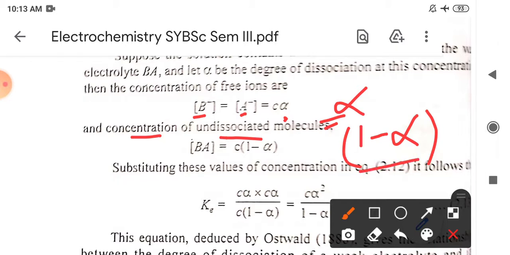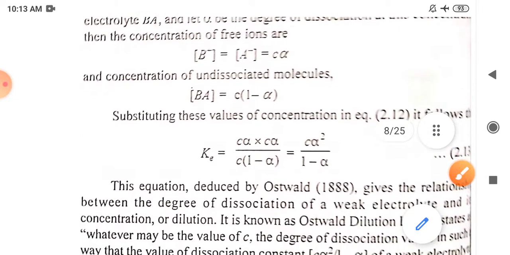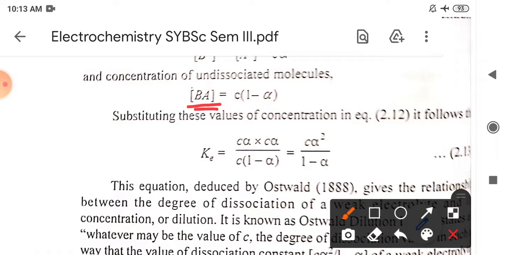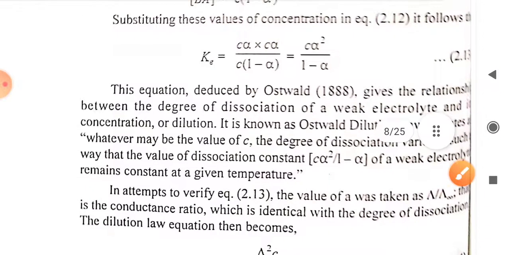Multiplying by the concentration of electrolyte gives the concentration of undissociated molecules. Now simply substituting these values in the equilibrium constant, we finally get alpha square C upon 1 minus alpha. This is the Ostwald law.